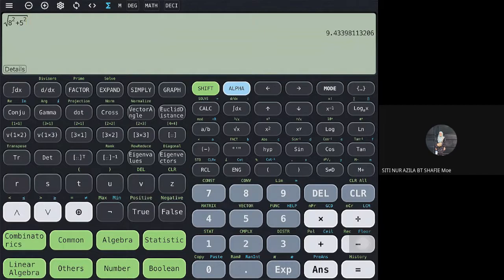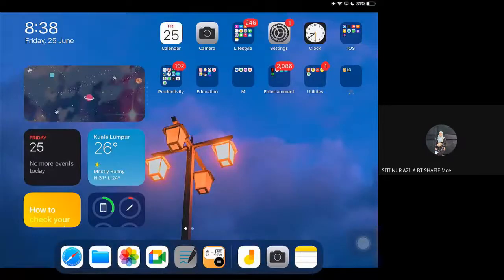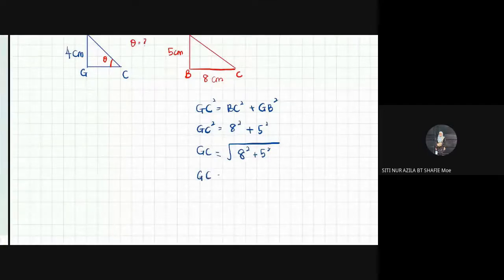Okay, so for this one, since we want to use the value in your calculation, we will round off to 9.4340 instead. GC is 9.4340.